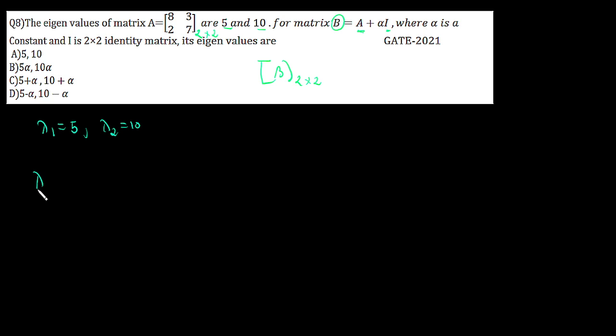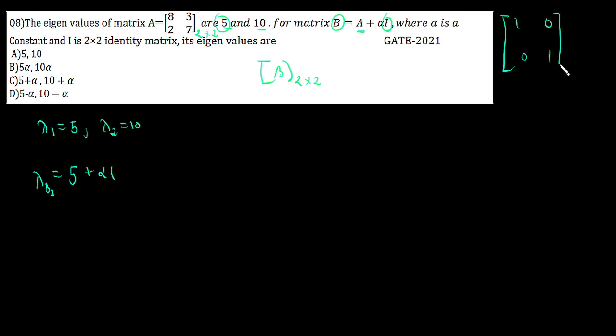So let's call it lambda B1, the first eigenvalue for this matrix B. So now here let's first replace this A with 5 to find the first eigenvalue. So I can say here 5 plus alpha times. Now this identity matrix is replaced with 1, because all the diagonal entries of an identity matrix are 1.